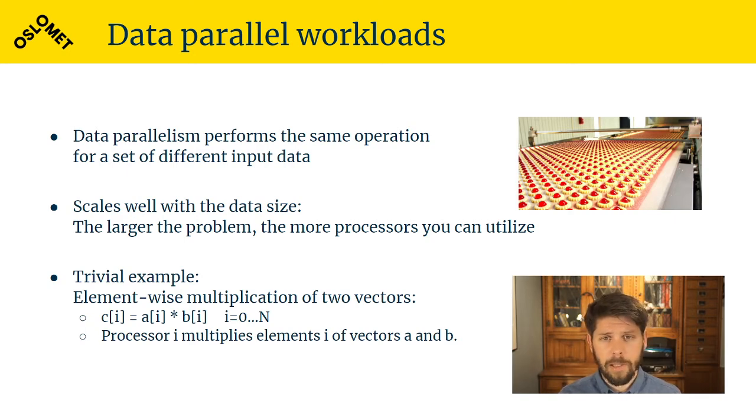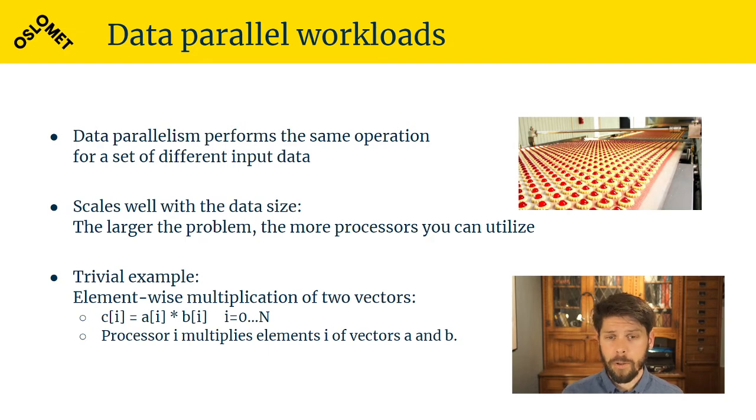Now, data parallelism performs the same operation for a set of different input data. So this matches very well with our single instruction multiple data, which we discussed in the previous session. So a vectorized instruction would work very well for this. And this scales very well with the problem size. So the larger problem you have, the more processors you can utilize.